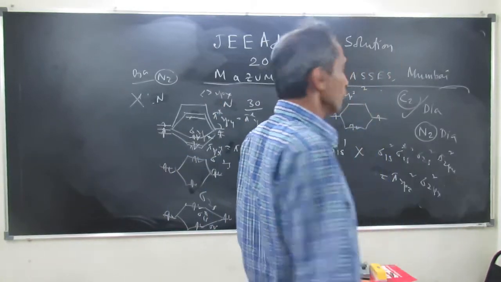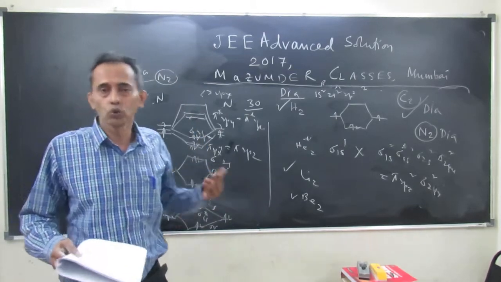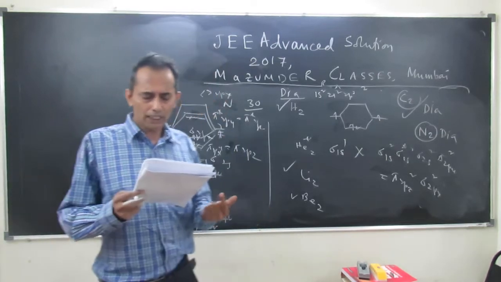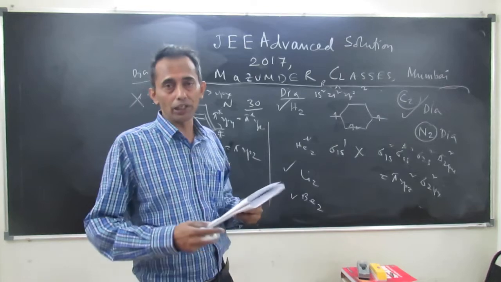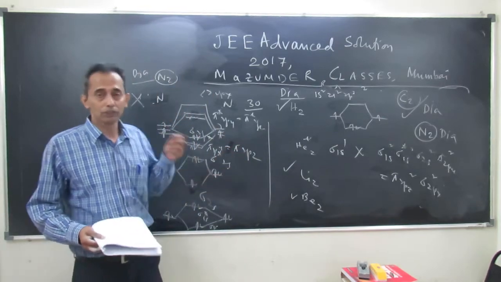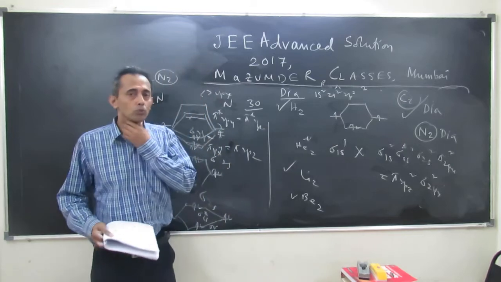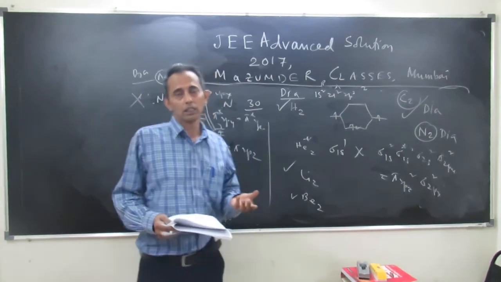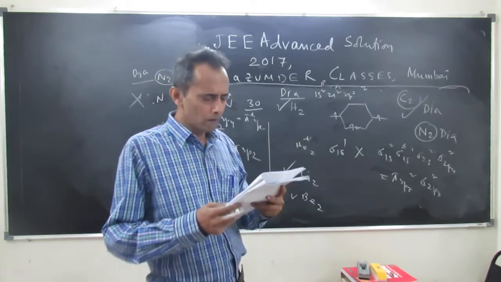Then O2 is definitely paramagnetic, so O2 minus is also paramagnetic, with one electron unpaired in the MO diagram. F2 will be diamagnetic because all electrons are paired: pi star 2py and pi star 2pz have two electrons each, and only sigma star 2px, which is the LUMO, is unfilled. So F2 is also diamagnetic.